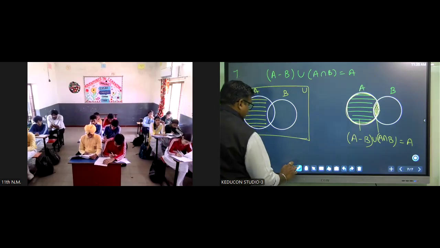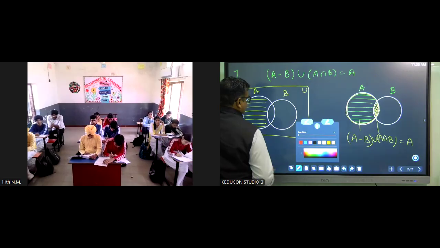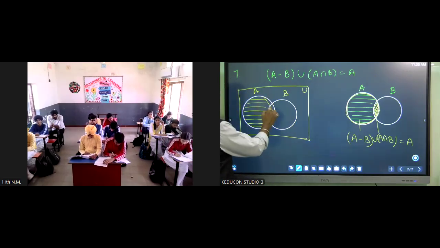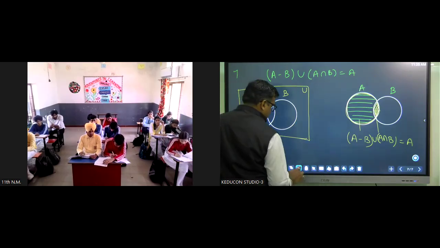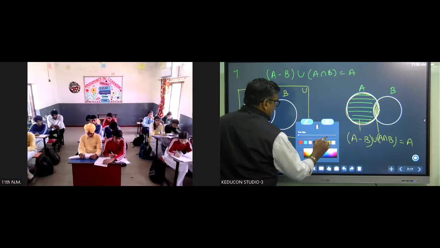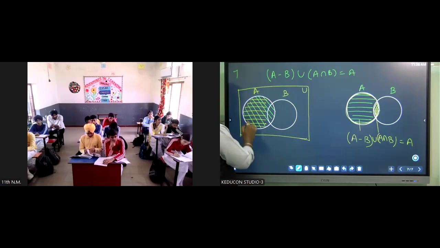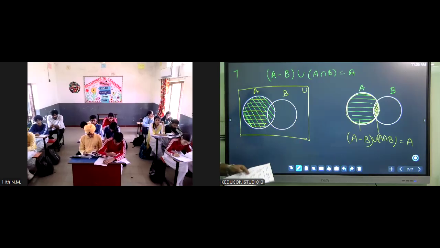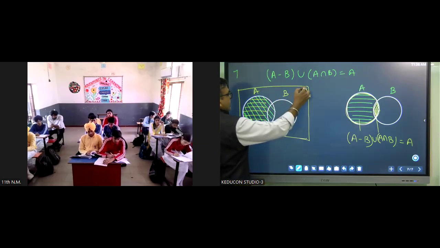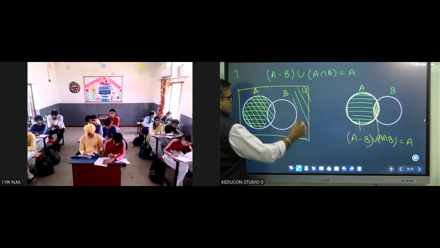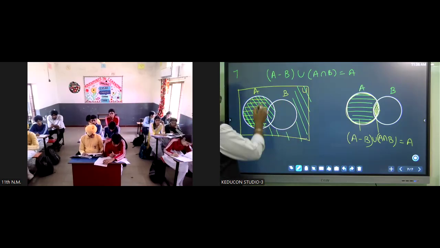देखो जरा, A सेट ये हो जाएगा हमारा पूरा. ये देखिए ग्रीन वाला. This entire thing is A, right? But he says A intersection B dash. What will be B dash? This entire thing is B dash. This also included.